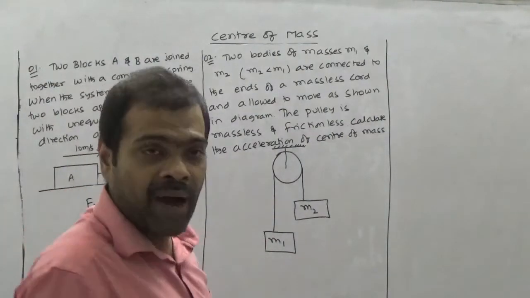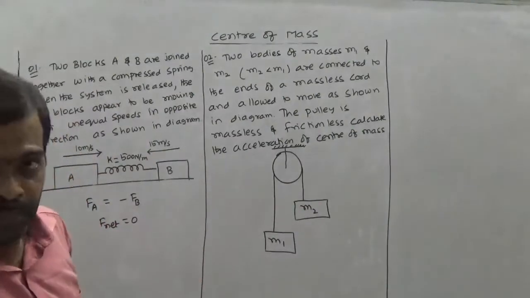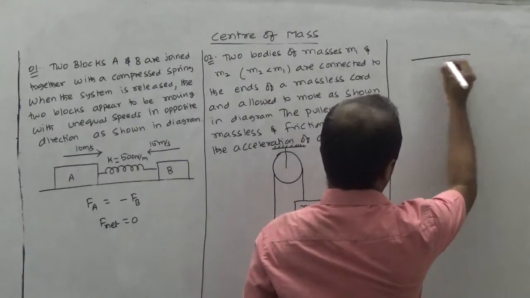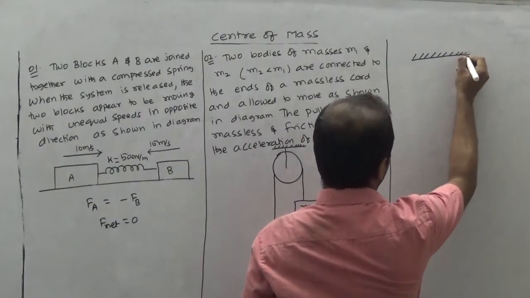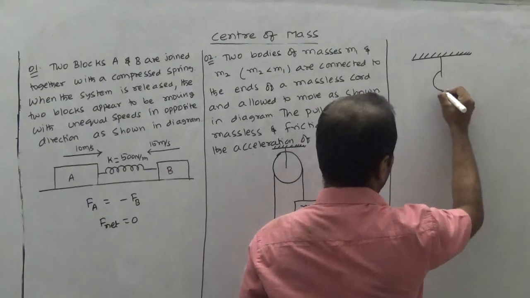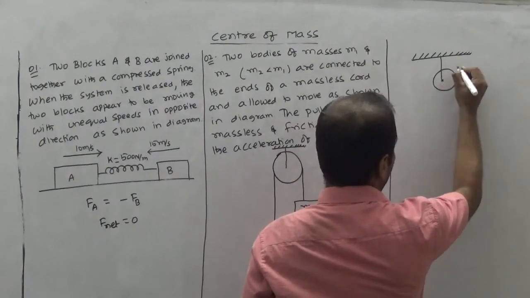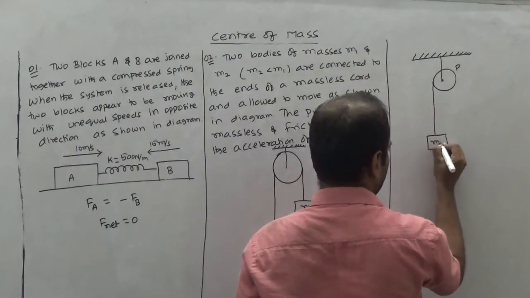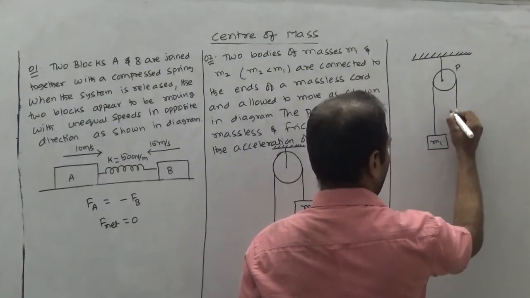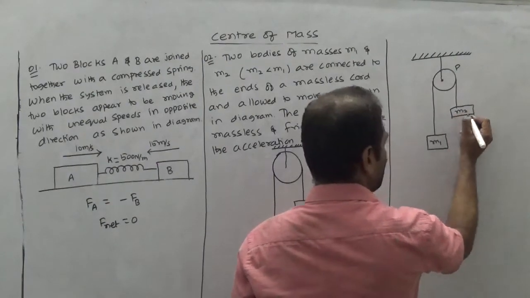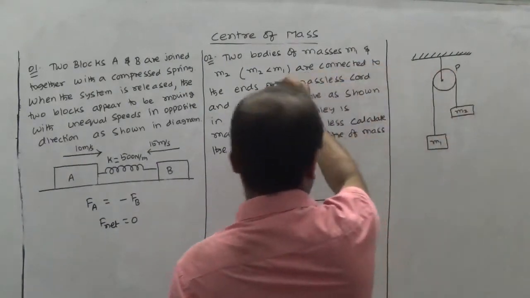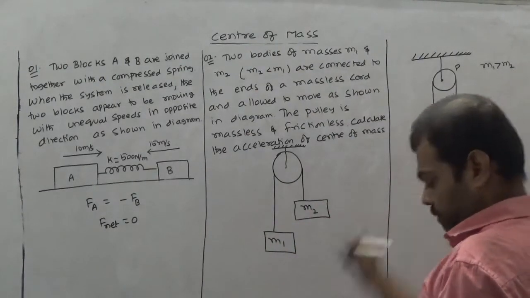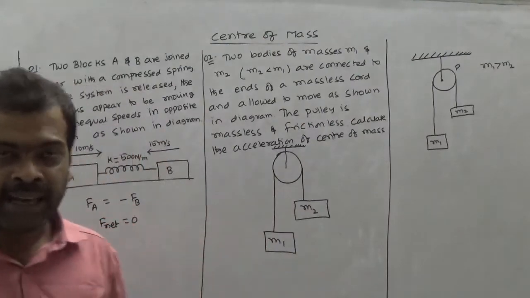Now, first of all, I will draw the free body diagram, so-called FBD. Here it is the pulley. This side it has a mass m1, and this side a mass m2, such that m2 is less than m1, that is, m1 is greater than m2.